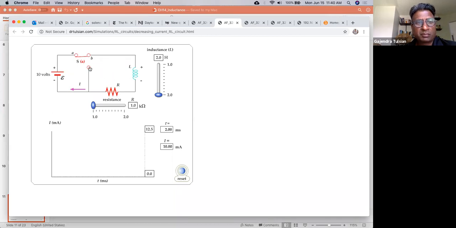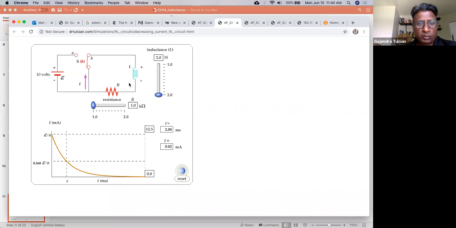When you remove the battery, the energy stored in the solenoid is driving this current. It's able to drive it for a few milliseconds, and then the current goes to zero. Once the stored energy goes away, the current goes to zero. So that's what's happening.